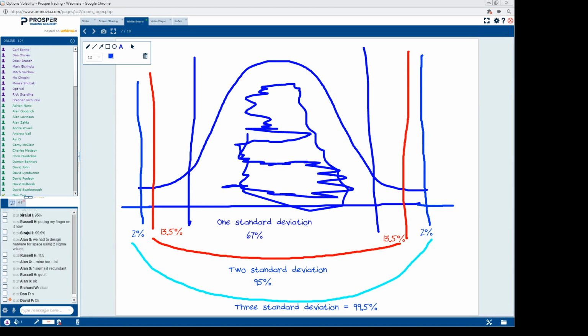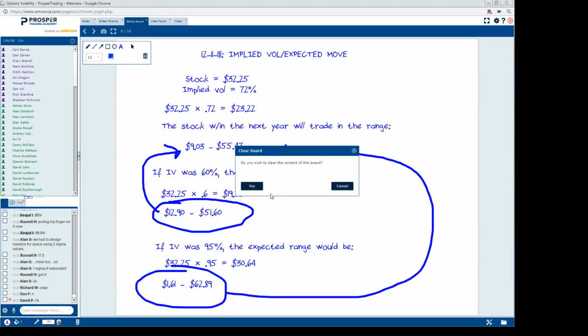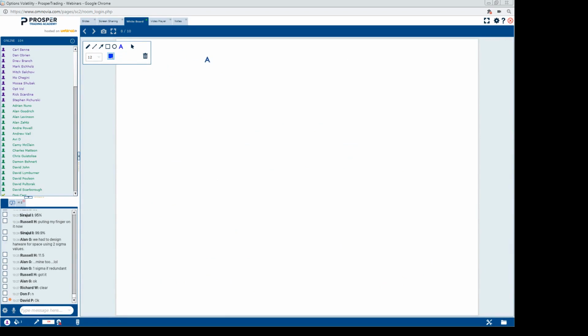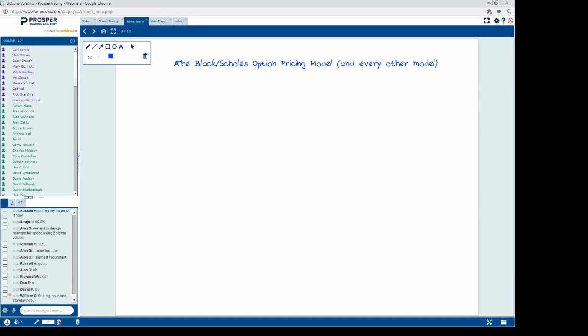All right, we get to the next whiteboard. So, the Black-Scholes option pricing model. I always talk about this, so those of you that have heard me say this, just bear with me for a moment.